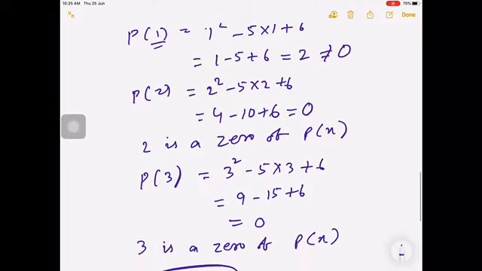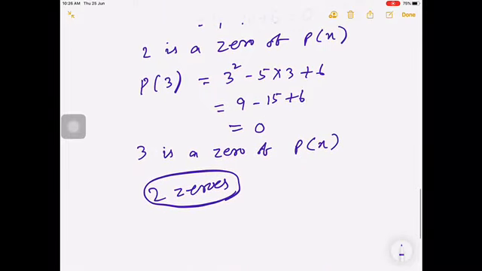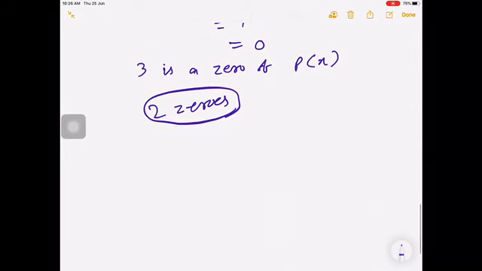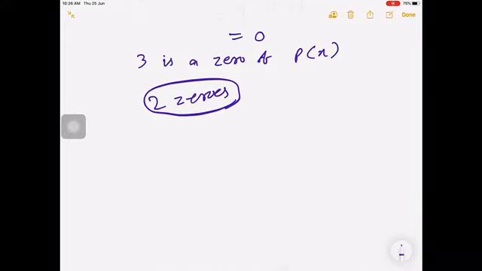So it is a quadratic polynomial, and for a quadratic polynomial, we shall find at most 2 zeros. For a linear polynomial, we shall find only 1 zero. You have to know this. If you have a linear polynomial, then you have 1 zero.